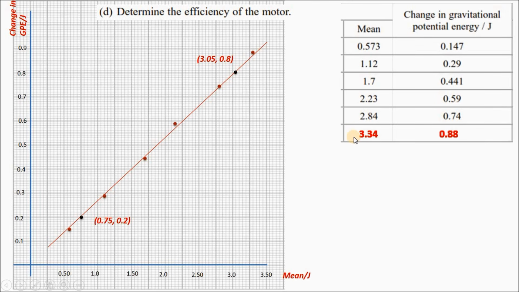So what students can do, they keep increasing the mass until they find that at some higher mass, the curve starts decreasing. If the curve starts decreasing something like this, that means the efficiency is decreasing because the gradient is decreasing.